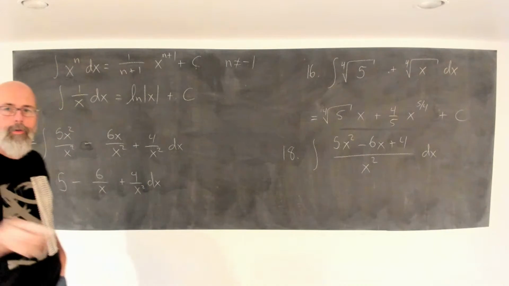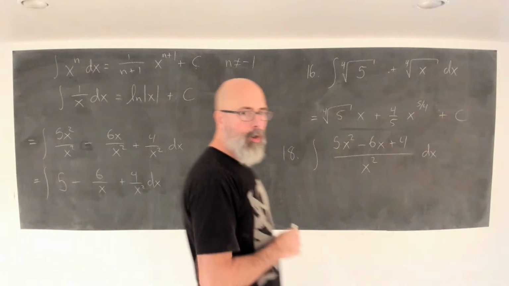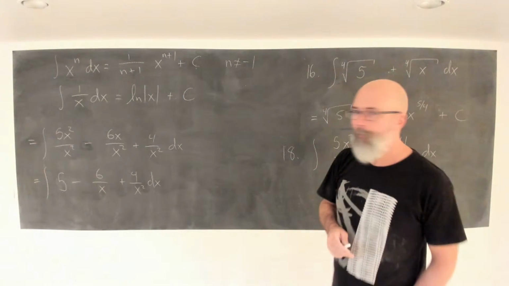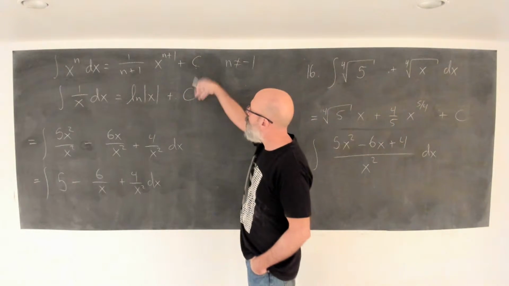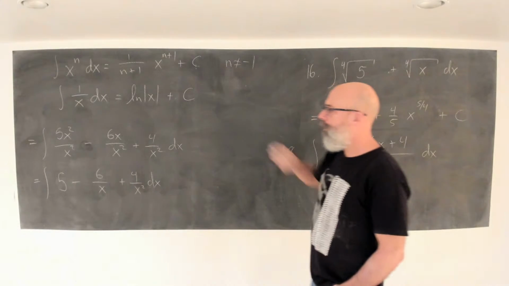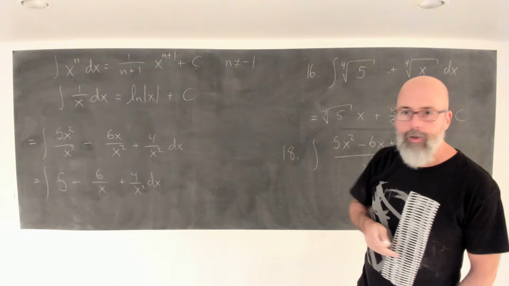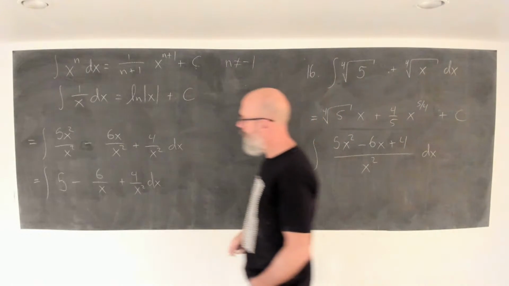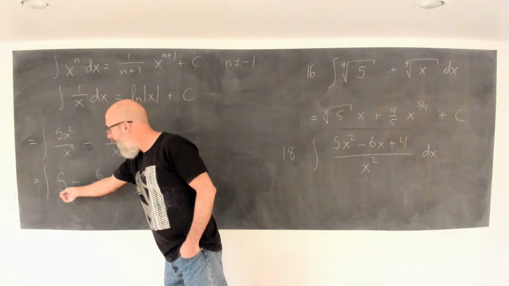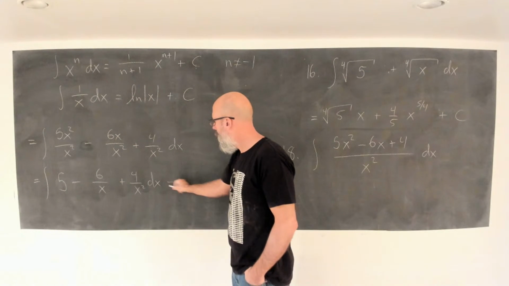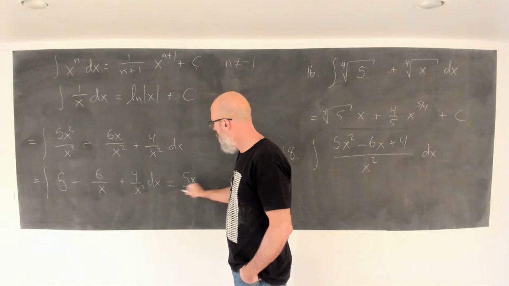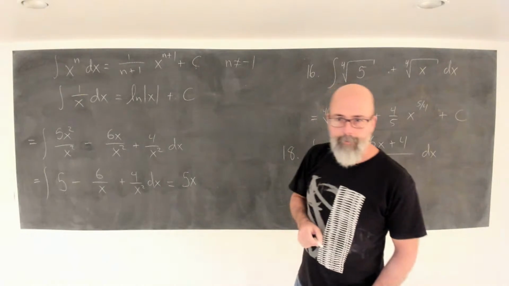And now all you have are powers of x. And you can use these formulas here to help you find the antiderivative. What function has as its derivative 5? 5x.